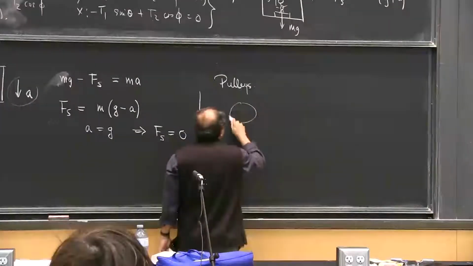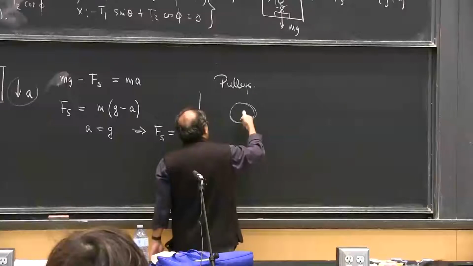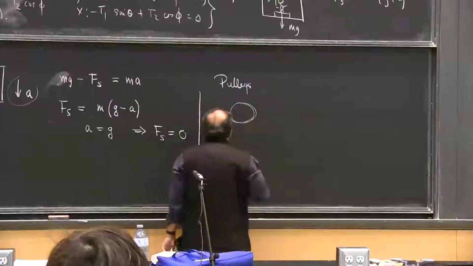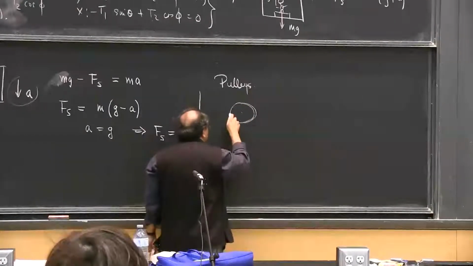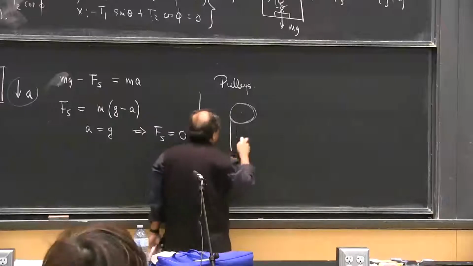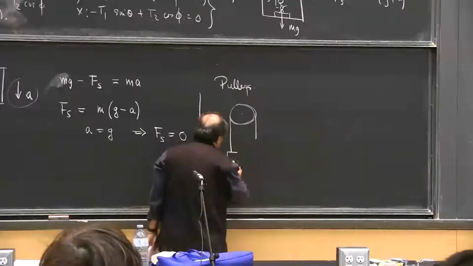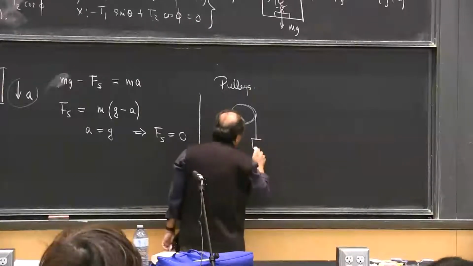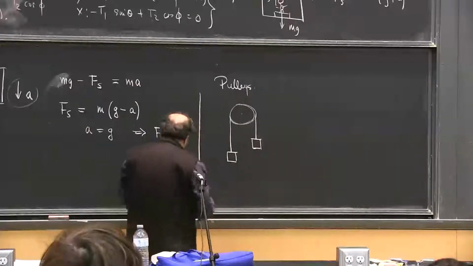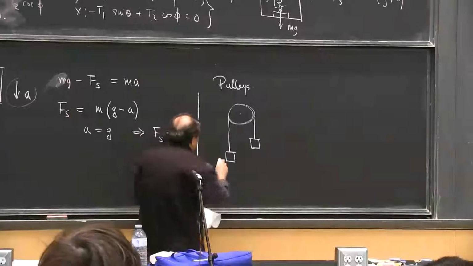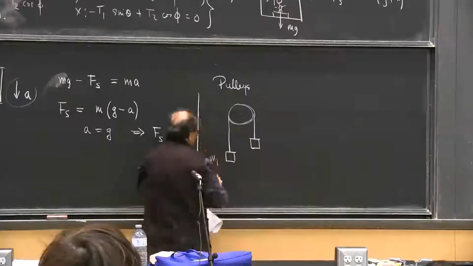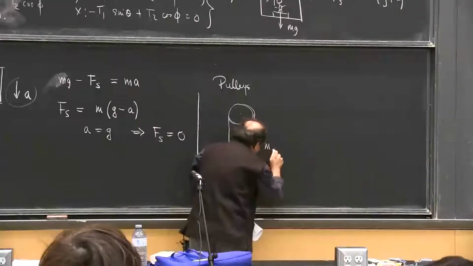The pulley is a wheel like this, attached to some wall or something. And typically, a pulley at the simplest level has two masses attached to the two ends. Let us say this mass is M1, and this mass is M2.